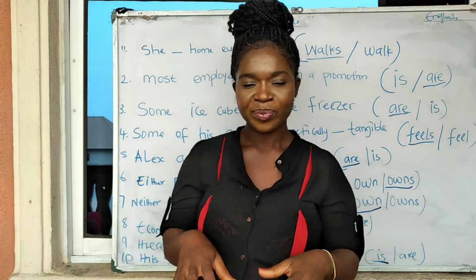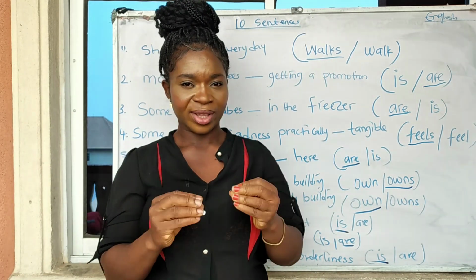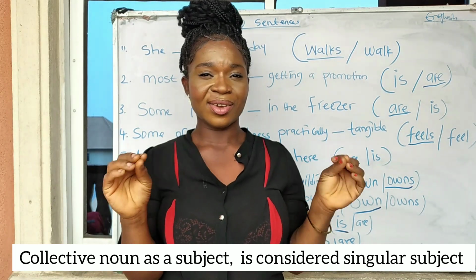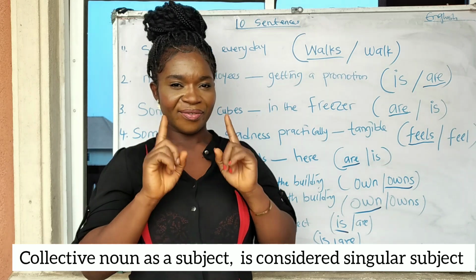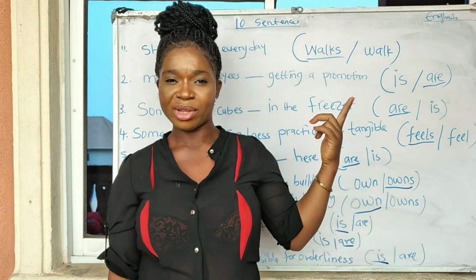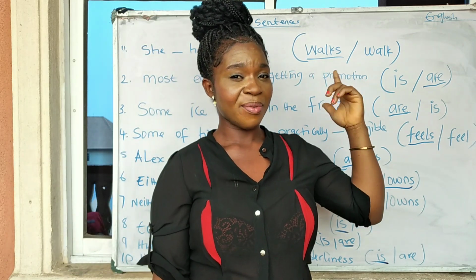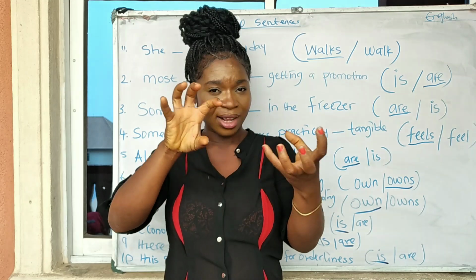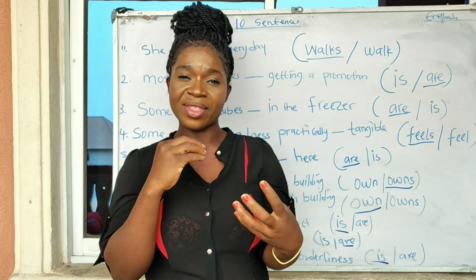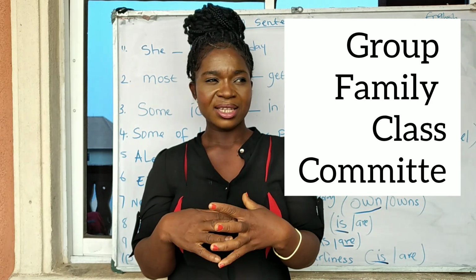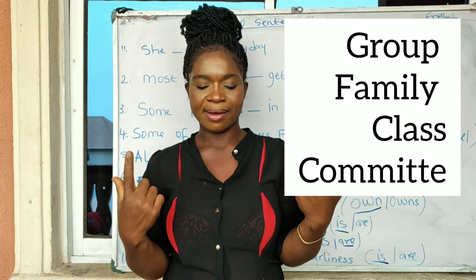Rule number 4: when a collective noun is the subject in a sentence, it is considered singular, and for that reason the verb is going to be singular. When we talk about collective nouns, just like I mentioned earlier with indefinite pronouns, collective means collection, gathered together. Collective nouns, for instance, are group, committee, family.